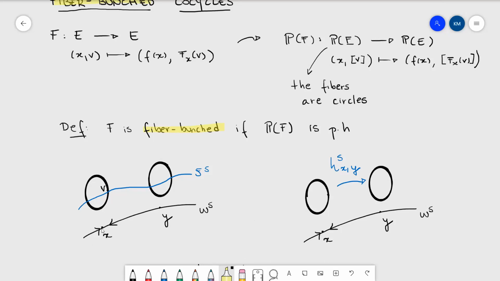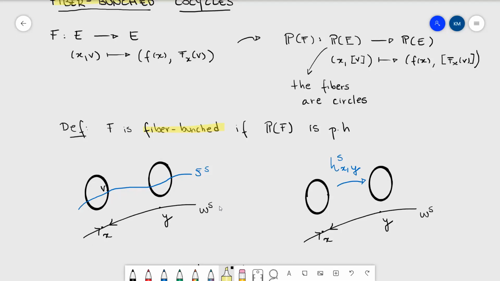These circles are my fibers over G's and over epsilon. And for every point B here, I know there is going to exist a stable manifold for this map, the projectivization. Moreover, this is a graph over the stable manifold of my map F. And I have a similar picture when I look at the unstable manifold.